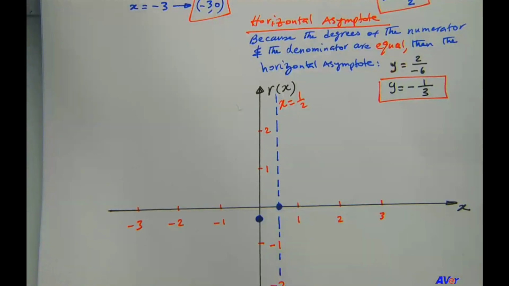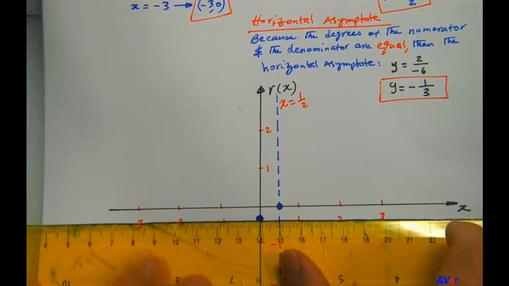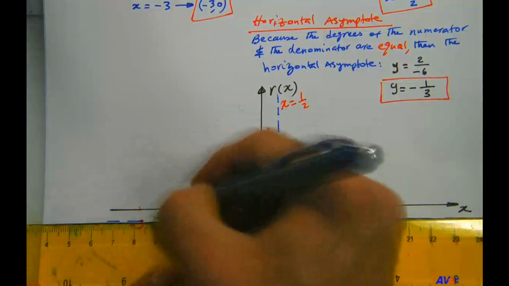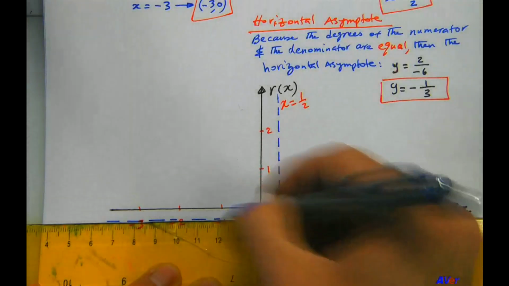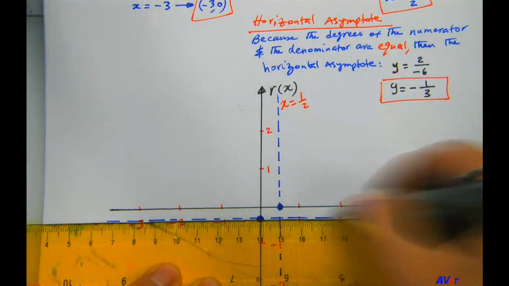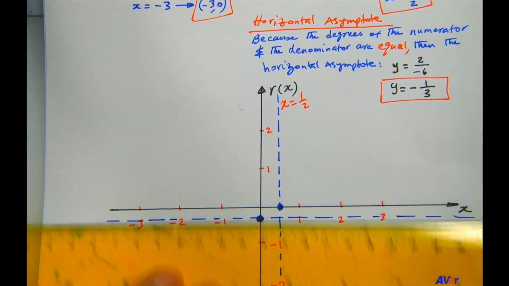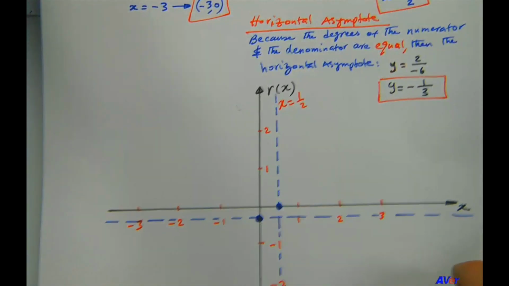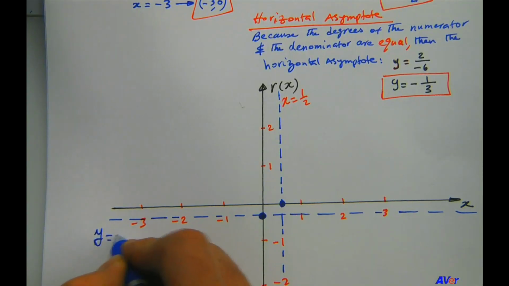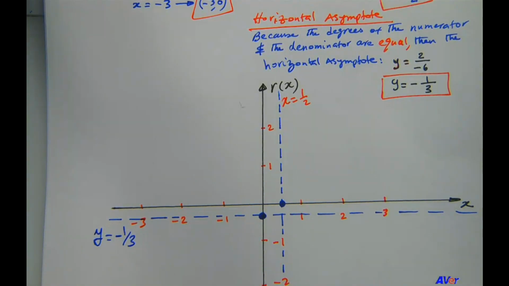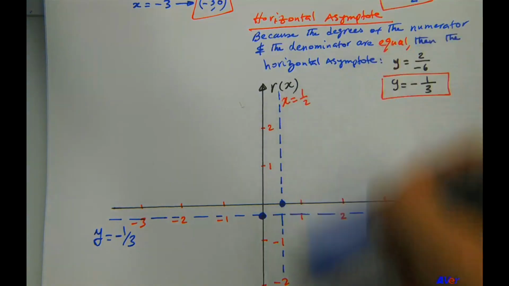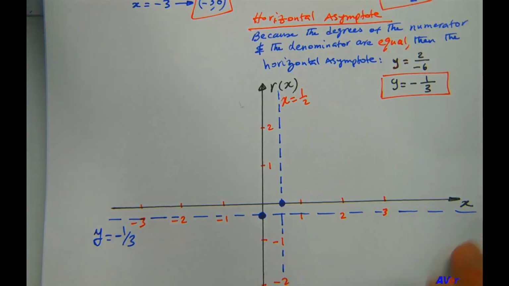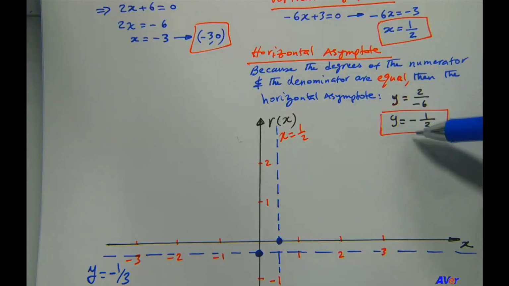I'm going to draw my horizontal asymptote using a dashed line, like that. And the equation of this horizontal asymptote, let me put it here, y = -1/3. The equation of the vertical asymptote is that. These are values that we have, right? 1/2 and -1/3.